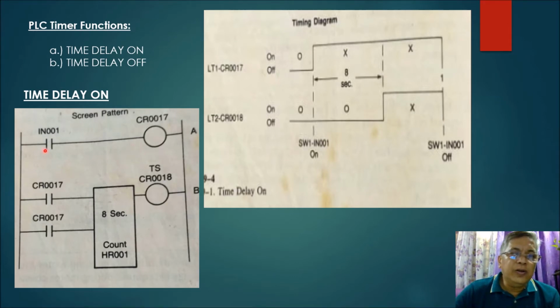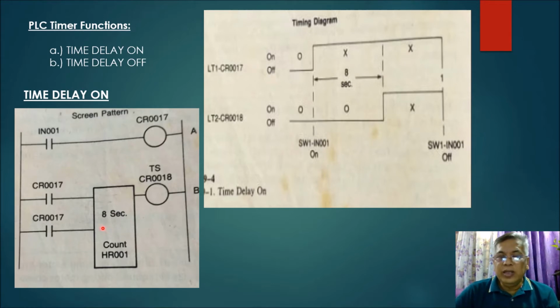Okay, so this is how the circuit works. When you turn on input 001, that means you close it, automatically CR017 will be energized. Okay, that means that this will turn on. Automatically, the internal contact CR017 here and this one here will close. And that's the time that your timer will start counting the set time, which is 8 seconds.